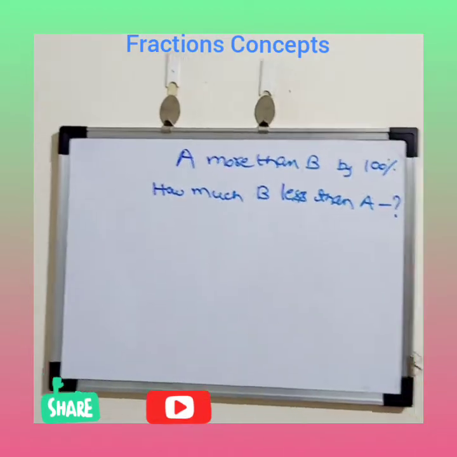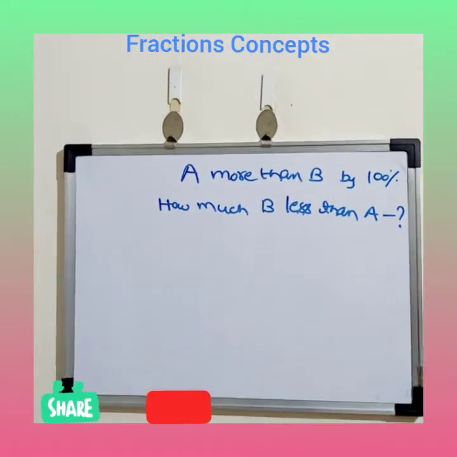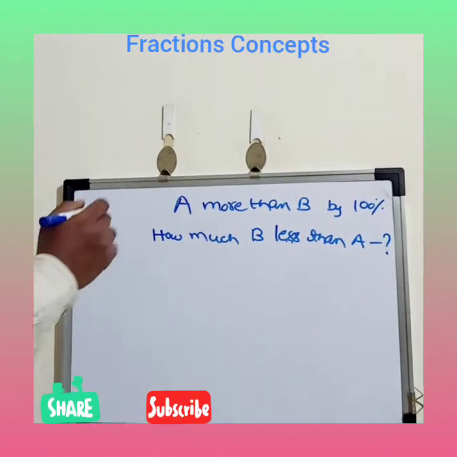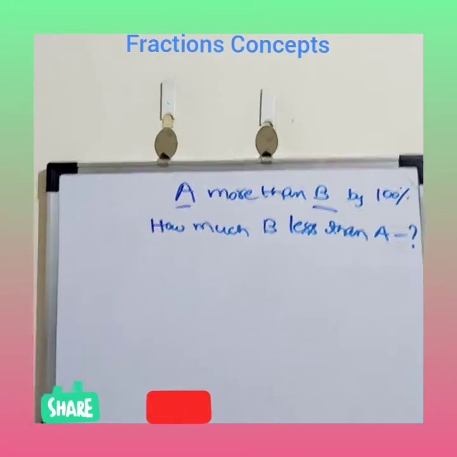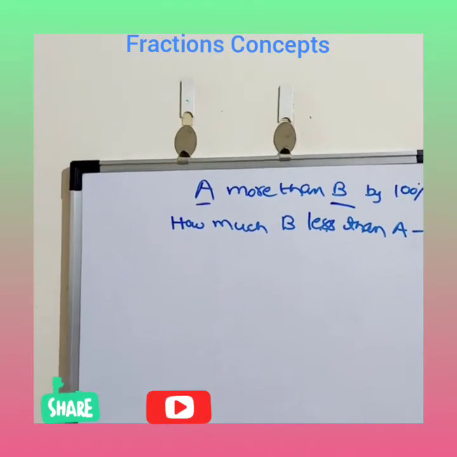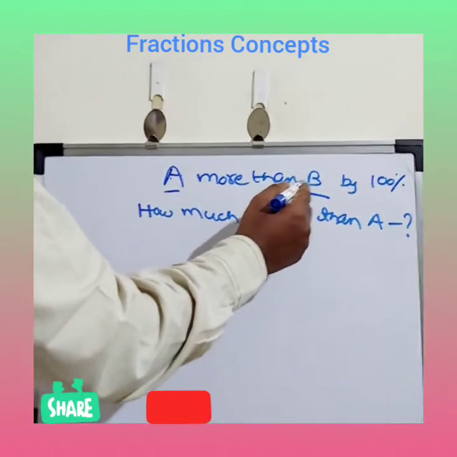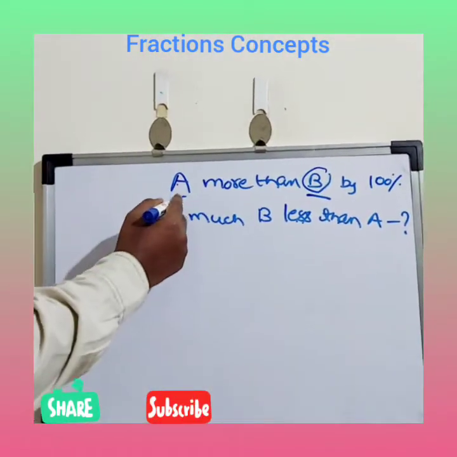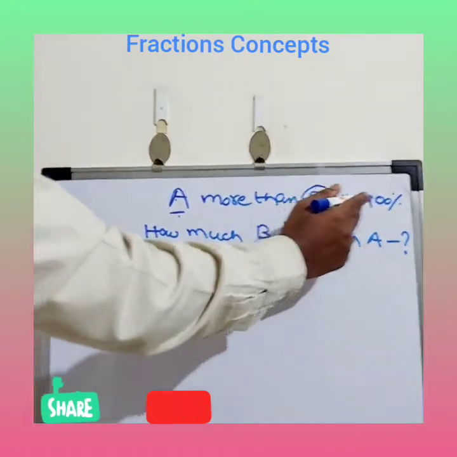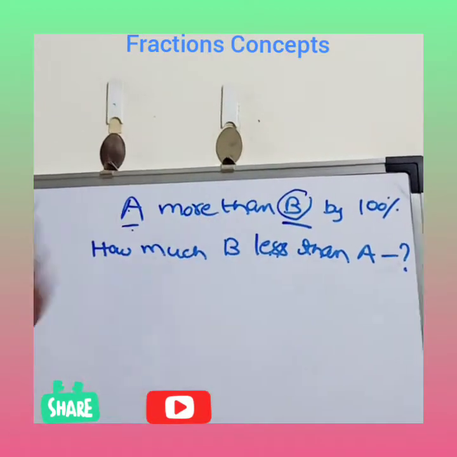We'll discuss one more problem related to percentage. Here the condition given is that there are 2 persons, A and B. The first statement is that person A has 100% more income than person B. Then how much percent is B less than A?